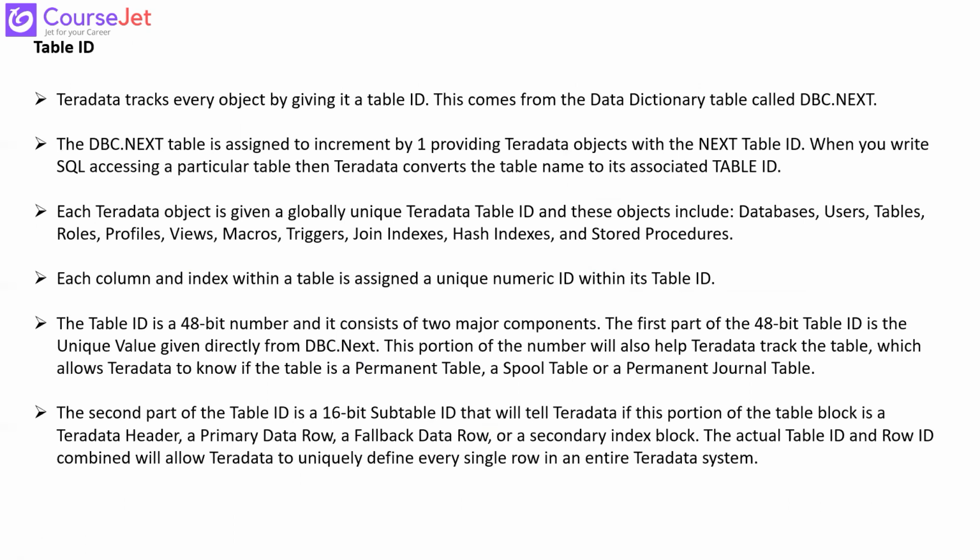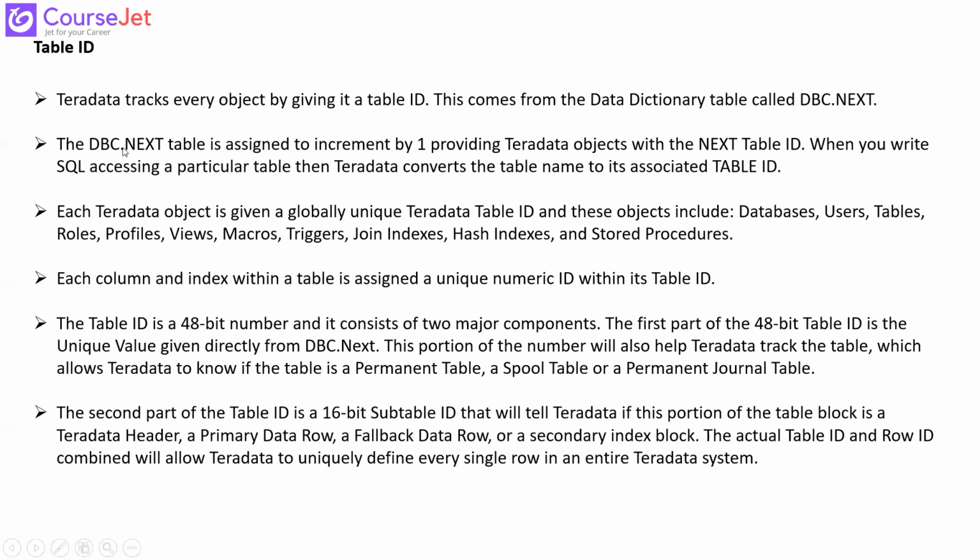The next one is the table ID. Teradata tracks every object by giving it a table ID whenever the object is created. This comes from the data dictionary table called dbc.next, which has the metadata about what ID has to be given next.